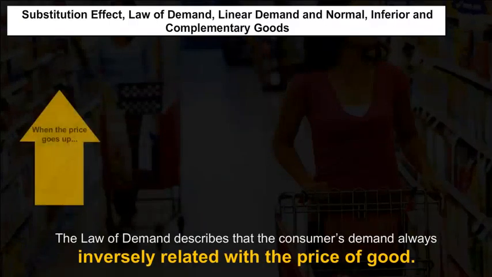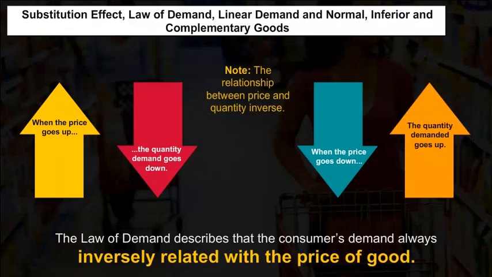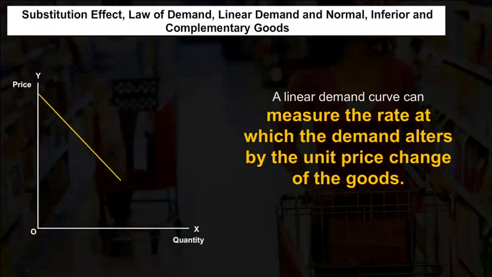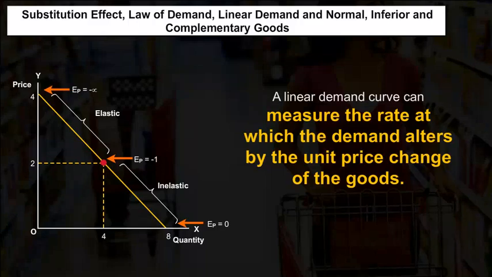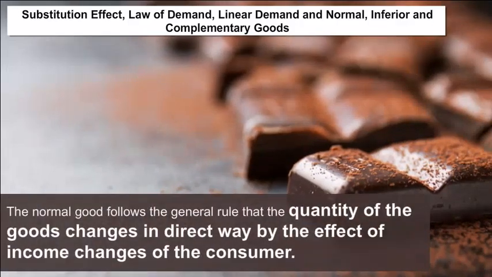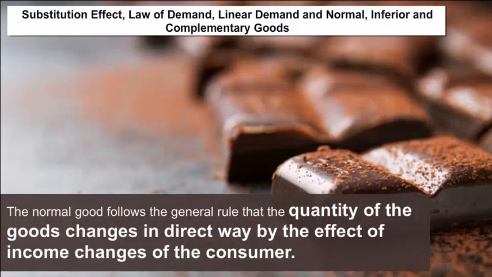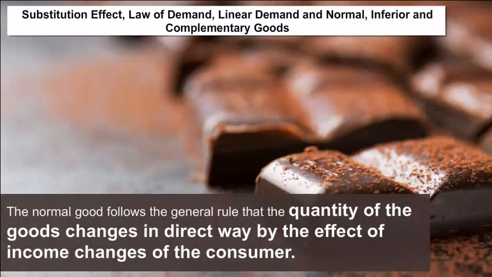The law of demand describes that the consumer's demand is always inversely related to the price of the good. A linear demand curve can measure the rate at which demand alters by a unit price change of the good. The normal good follows the general rule that the quantity of the good changes in the same direction as the consumer's income changes.